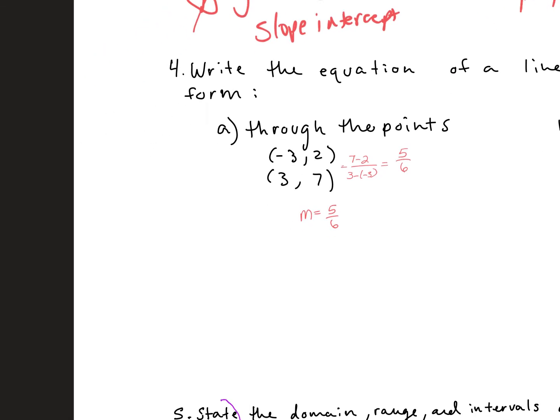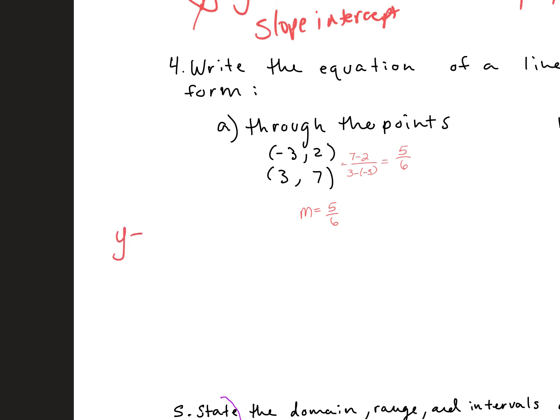Some of you like to just use y equals mx plus b. On the review, it's worked out in point-slope form, so I'm just doing it the other way. So I'm going to use the point (3, 7). You can also use (-3, ...), I'm just going to use (3, 7) because they're both positive.